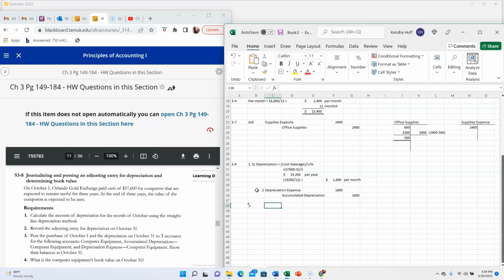So I have computer equipment, accumulated depreciation, and depreciation expense. I'm not putting computer equipment after each one.